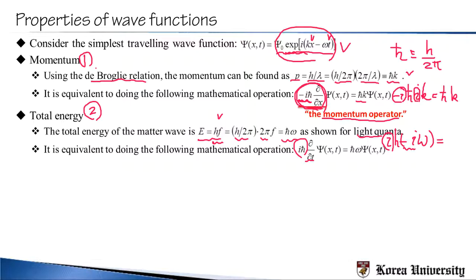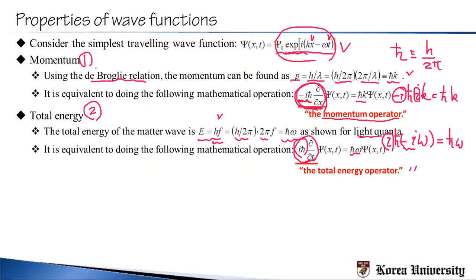What you get is h bar omega, which is the energy. Following the same logic, this mathematical operation of taking the partial derivative in time and multiplying it by i h bar gives you the total energy of your matter wave. We call this the total energy operator.